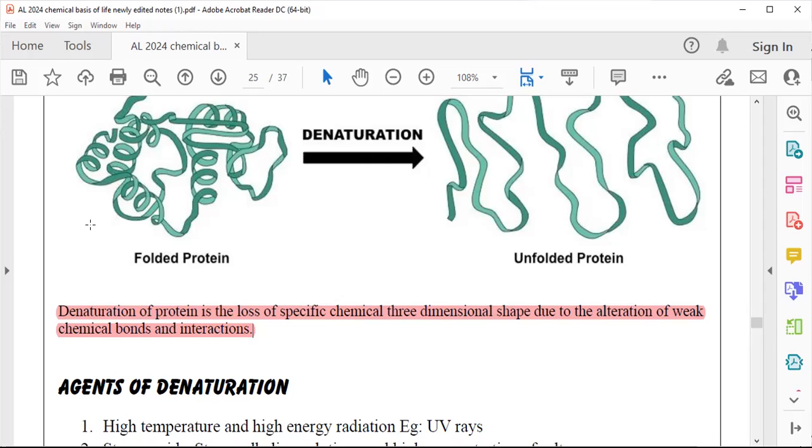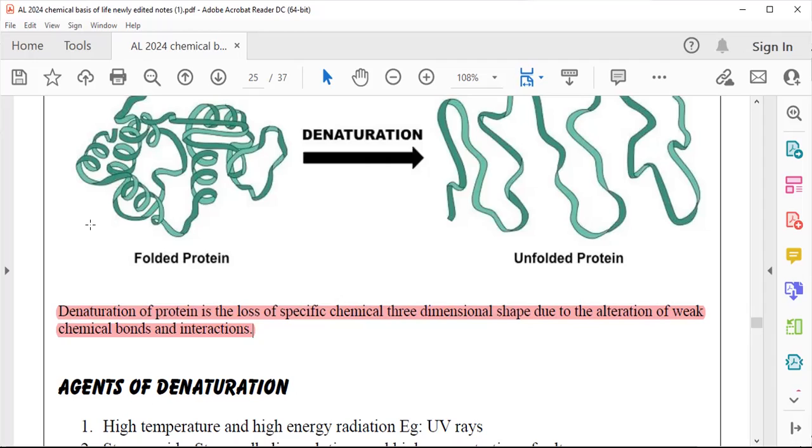Who are the weak chemical bonds and interactions? Ionic bonds, hydrogen bonds, hydrophobic interactions.